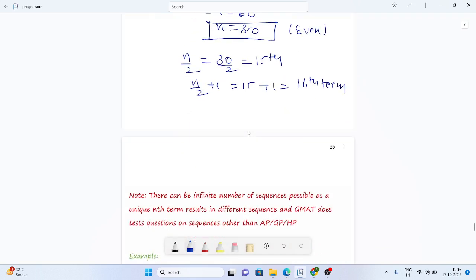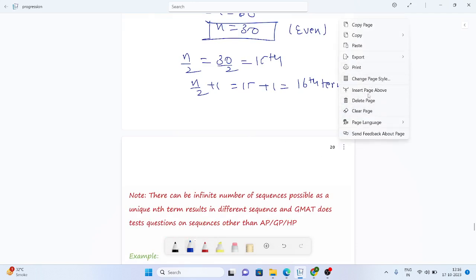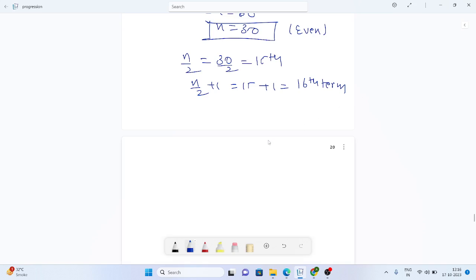What is the 15th term of the AP? It is a plus (15 minus 1) into d, where d is 2.